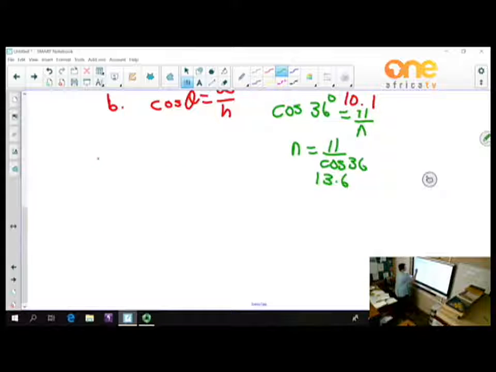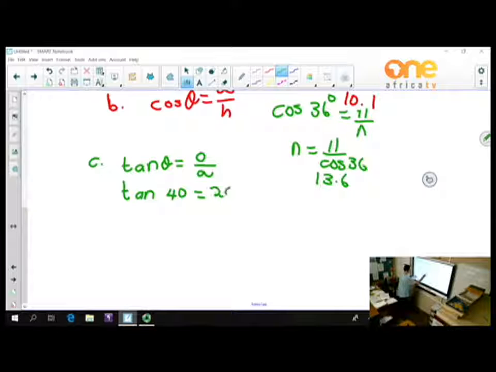Number C. Which function? Tan. Tan theta is opposite over adjacent. If we substitute now, tan 40 degrees is equal to, look at the angle.